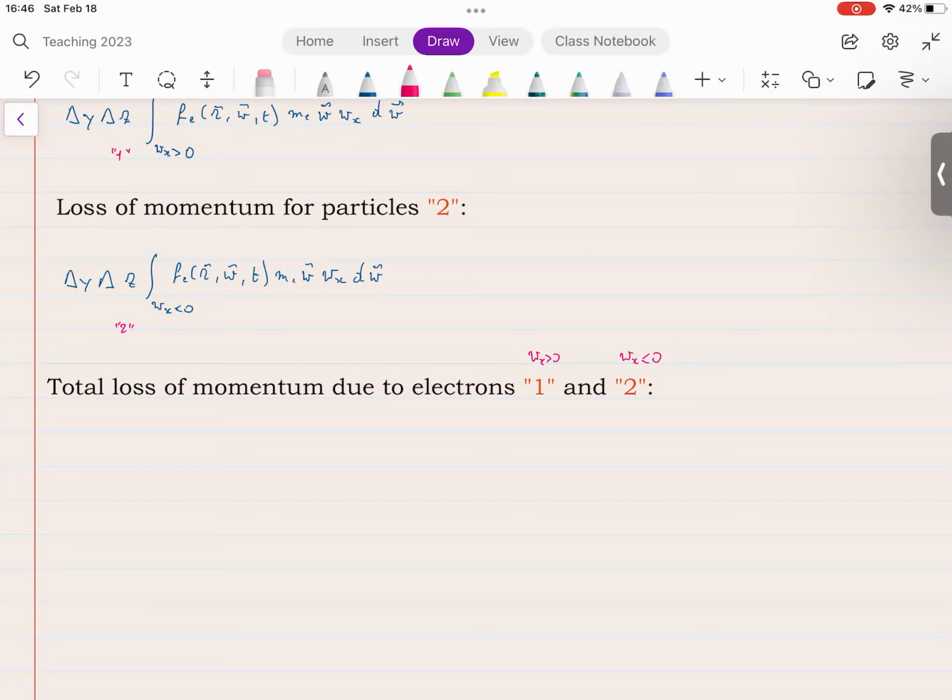That's just going to be the integral, in blue, over all W's, of, let me put the delta y, delta z in front, delta y delta z times the integral over all Wx, I'm sorry, of my distribution function of position, W and t, times me times W times Wx dW.